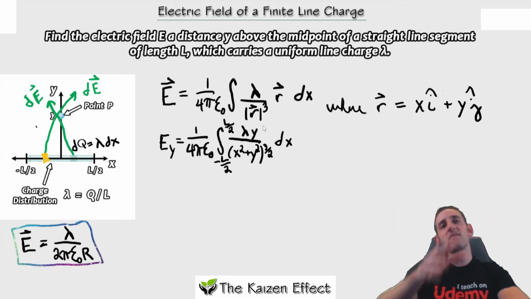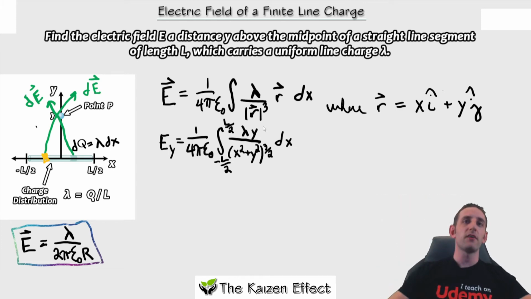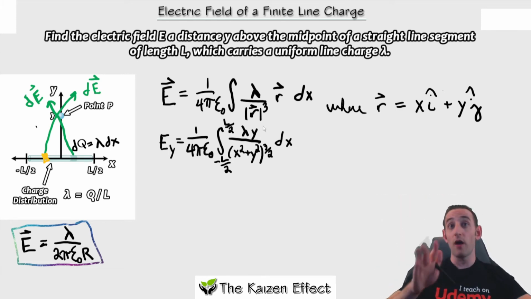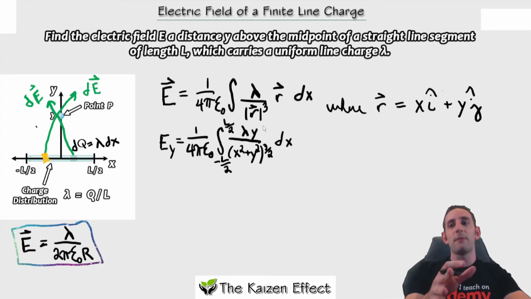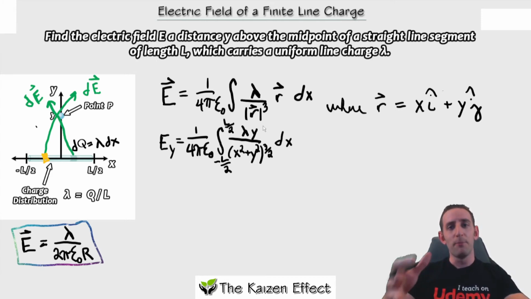And when you see this integral in a lot of textbooks that actually solve this problem for you, they're not going to run through these steps, but I want to run through the steps for you so you know exactly what is going on here, right? I don't like to skip steps. I'm your buddy. I'm your pal on this journey through physics. So we're going to run through all the math, all the dirty math, the nasty math.